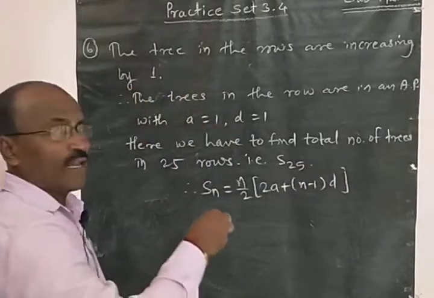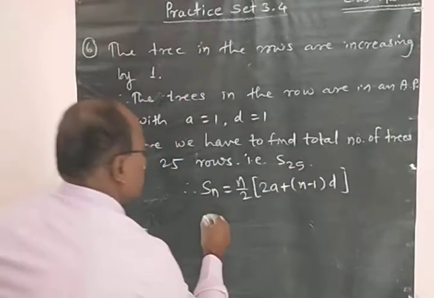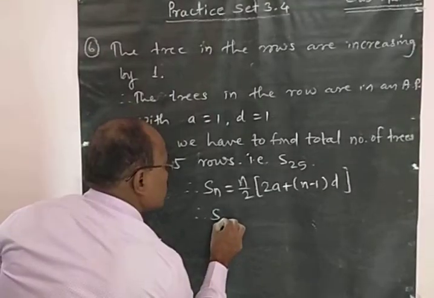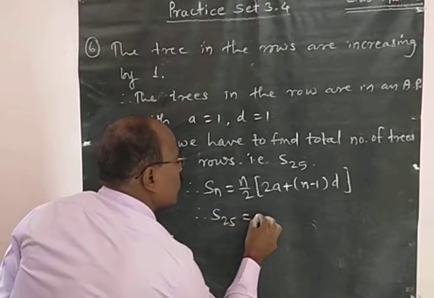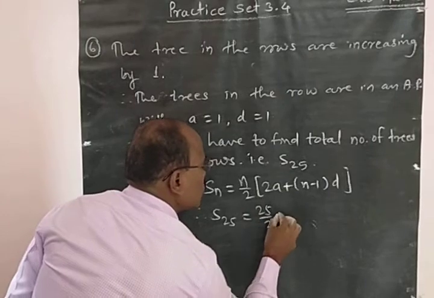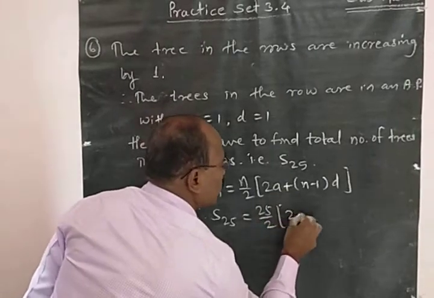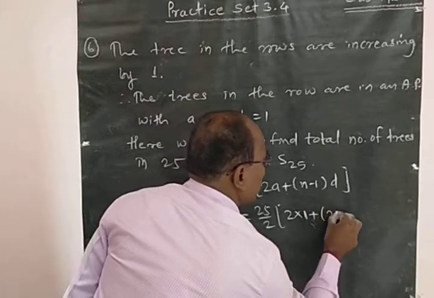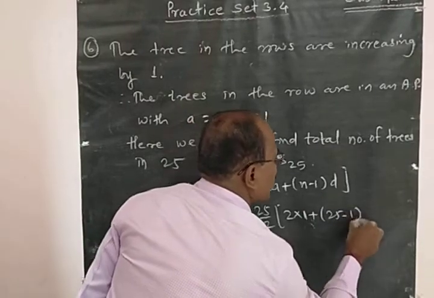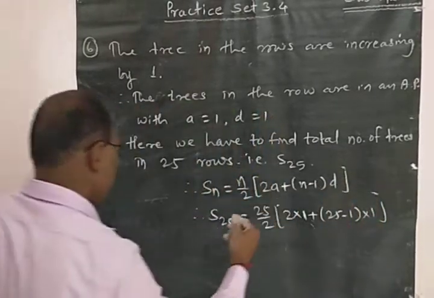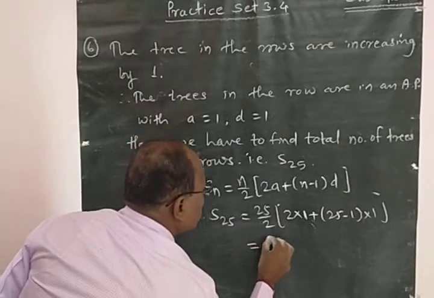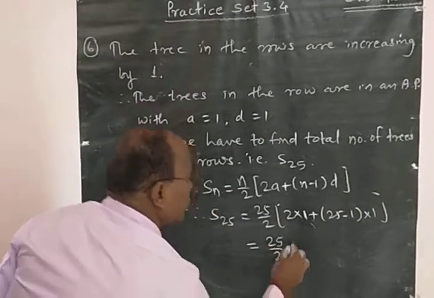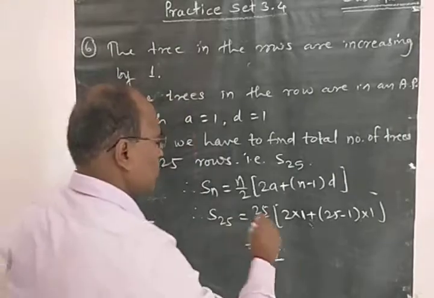Now put the values of N, A and D. So S25 is equal to 25 upon 2 into A is 1 plus N is 25 minus 1 into D is 1. Okay, that is equal to 25 upon 2 as it is, because 25 is not divisible by 2.